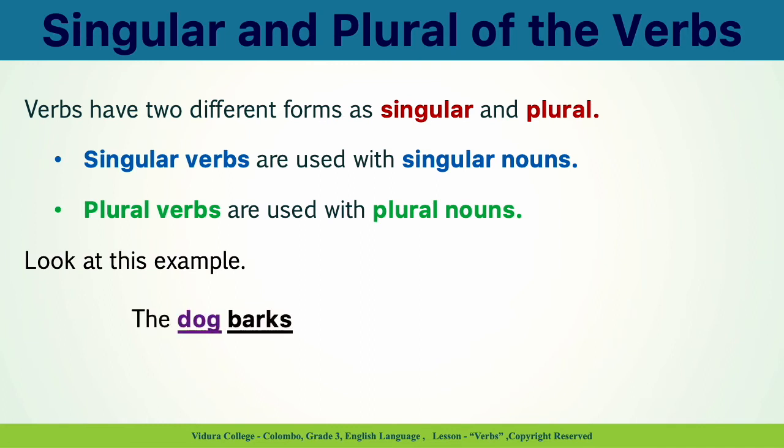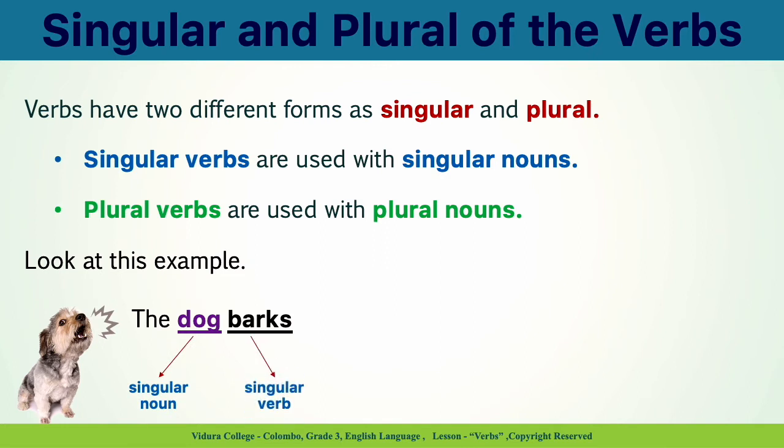Now look at this example. The dog barks. Now here we have used a singular noun with a singular verb. So the singular noun is dog. The singular verb is barks. Then look at the next one. The dogs bark.